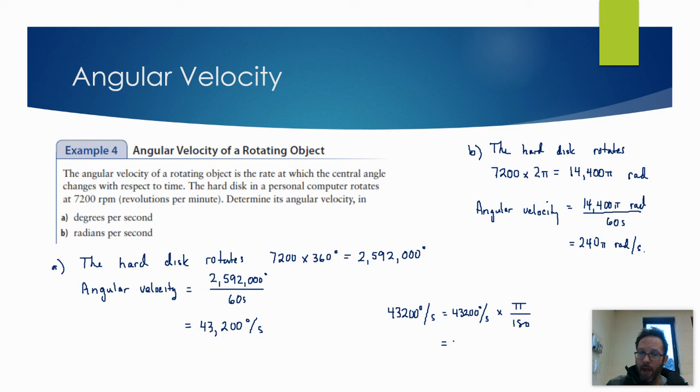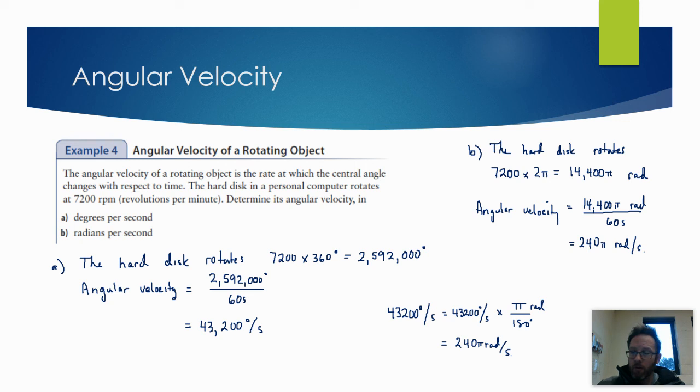And we should get the same thing. If you do 43,200 divided by 180, you get 240. And this would be radians per second. Pi radians per 180 degrees. The degrees divide out. So you could have got it using a little conversion like that. I thought B was a bit more helpful though.